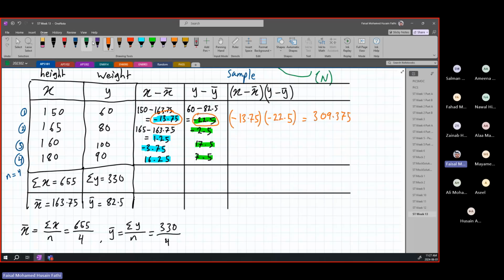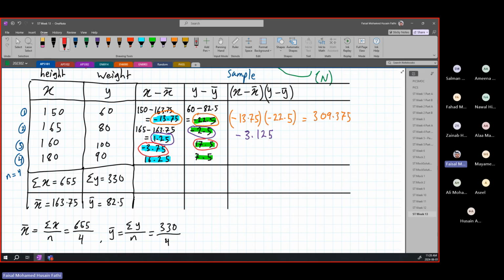Again, we're going to be doing the exact same thing for the other values. So 1.25 times negative 2.5 is going to be minus 3.125. All right. Again, same thing. We're going to be multiplying this value over here with this value.